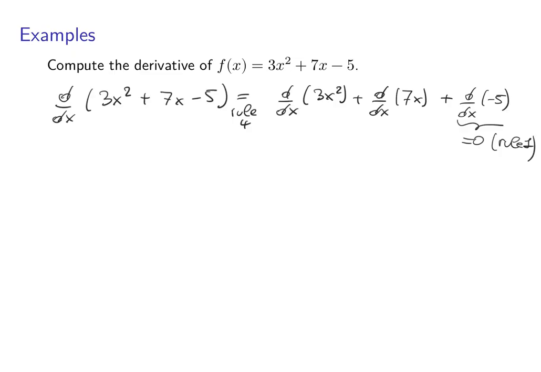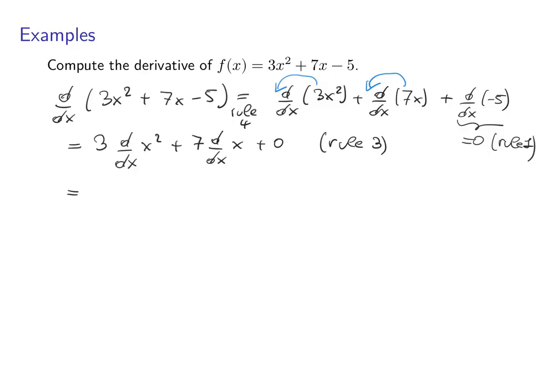What about the other terms? Well, we can take out the coefficient here and here, and we can write the derivative as 3 times d dx of x squared plus 7 times d dx of x and then plus 0. And that we were allowed to do because of rule number 3.